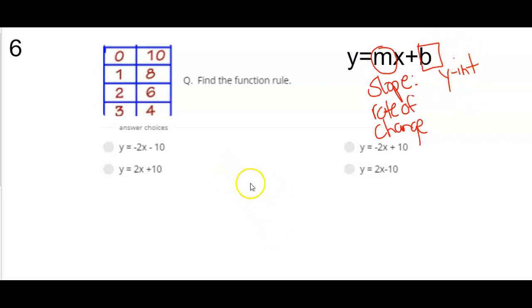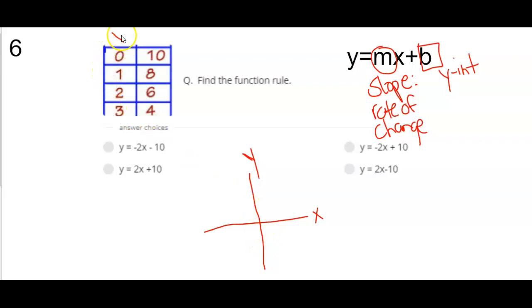So if we're going to think about our y-intercept first, if we think about our y-axis, in order for it to cross the y-axis, in order for it to touch here, the x value has to be 0. If the x value was positive, you'd be over here. If the x value was negative, you'd be over here. The only time that it touches the y-axis is when the x value is 0.